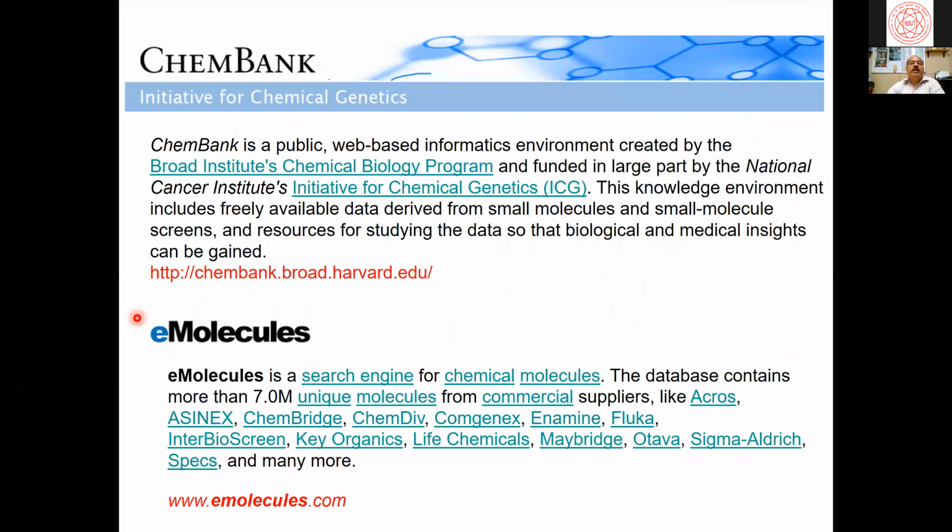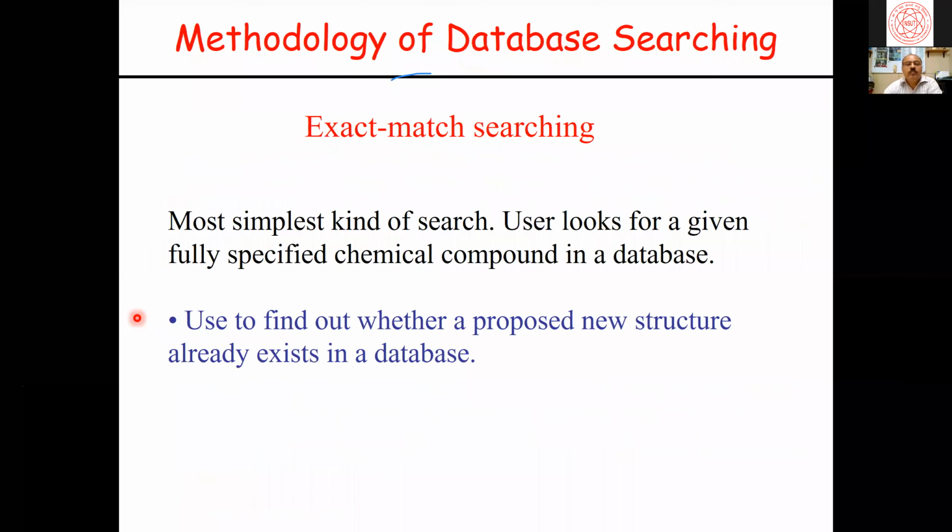Or you can also have ChemBank, eMolecules, and besides this, you have commercial chemical repositories like Maybridge or Cambridge ChemDiv, which provide a good collection of diversified molecules which can be easily screened, and if you find them showing good activity, can be easily purchased for biological validation assay.